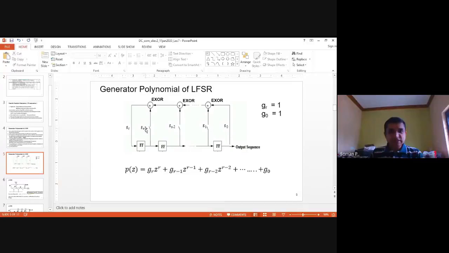So there is nothing coming from here and going as feedback from flip-flop output 1. And if it is 1, it means the output of flip-flop 1 goes to this XOR and comes as feedback to the input of the flip-flop.